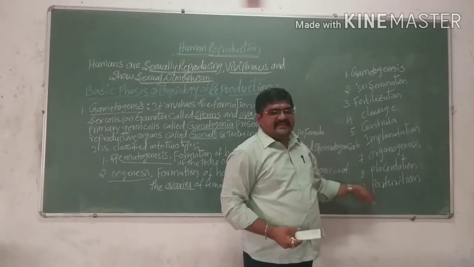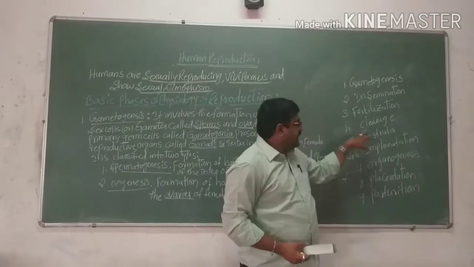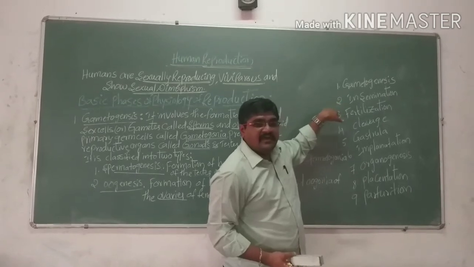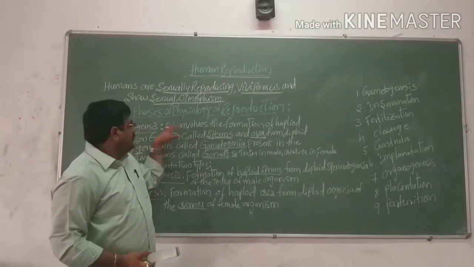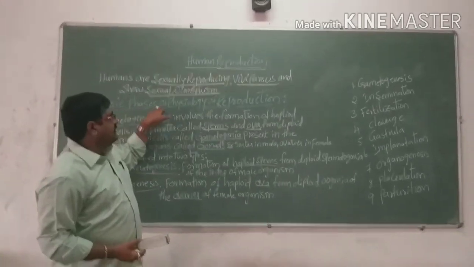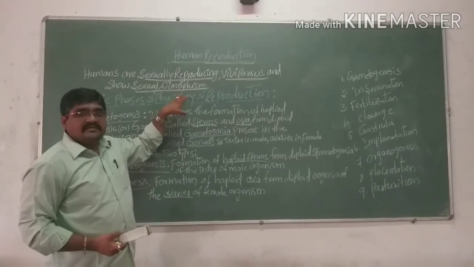These are the several sequential steps that take place in the human reproductive system. So here it shows the basic phases of reproduction.